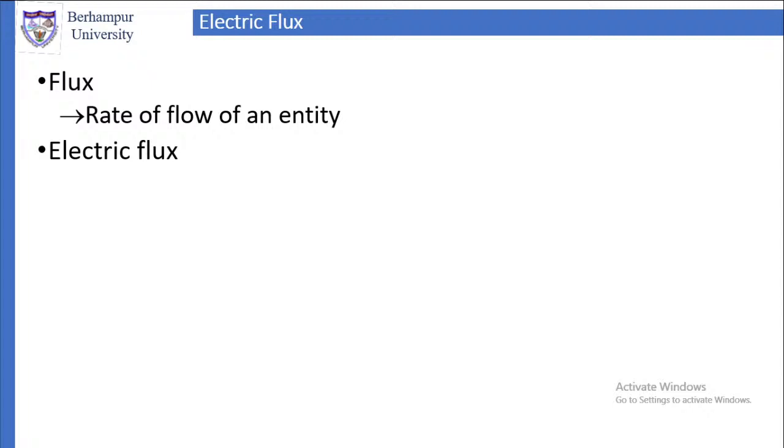Rate of flow means how much of the entity is going out of a defined area or a defined portion in space. So that is what is flux. Now when this entity is electric field or electric field lines, then the flux is called electric flux.